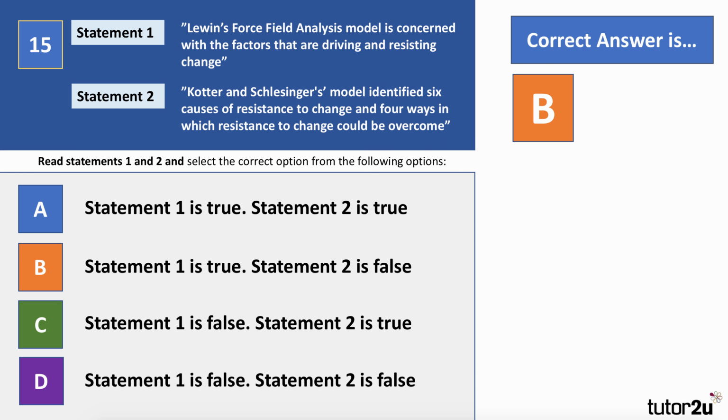Statement 2, however, a bit of a trick one, but it's not true. Kotter and Schlesinger did indeed identify causes of resistance to change and ways resistance can be overcome, but there were 4 causes of resistance to change and 6 ways in which resistance could be overcome. So that statement isn't quite true. In fact, it is false. So the answer is B, a combination of true, then false.